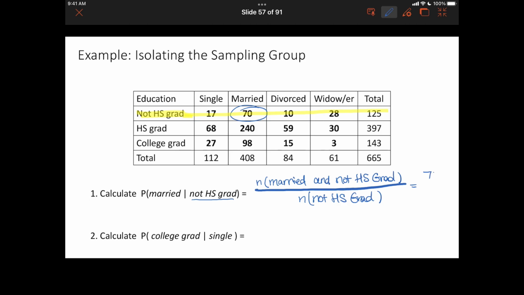So that's 70 divided by the number that were not high school grads. That's the total of non-high school grads here. So 125. 70 divided by 125 is 0.56.